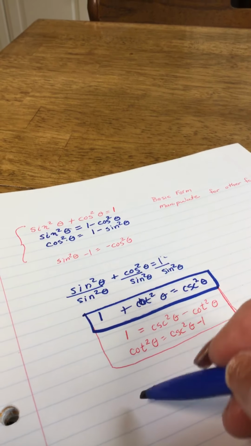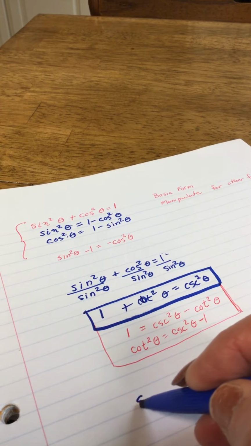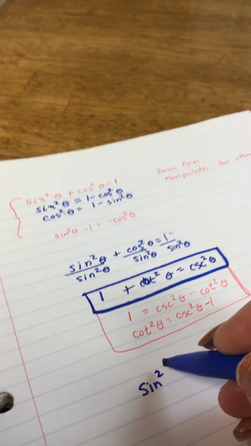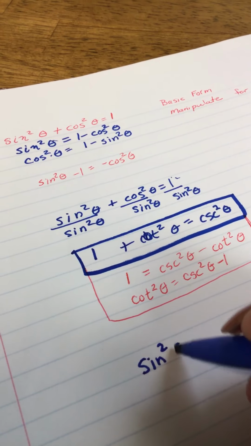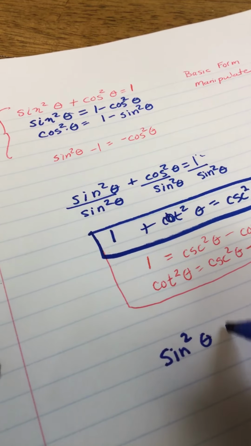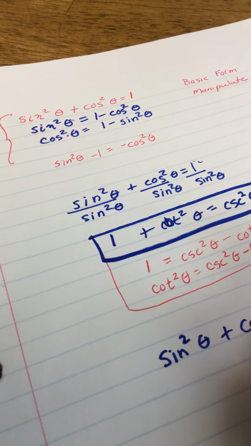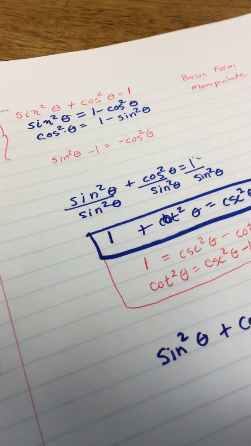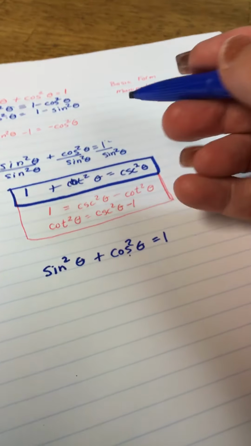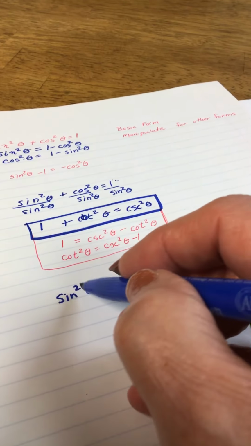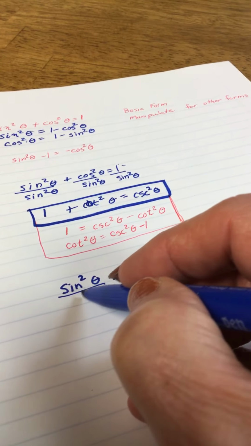Now if I go back here and I go back to my basic Pythagorean identity, sine squared plus cosine squared theta equals 1. And this time, instead of dividing by sine squared theta, I think I'm going to divide by cosine squared theta.